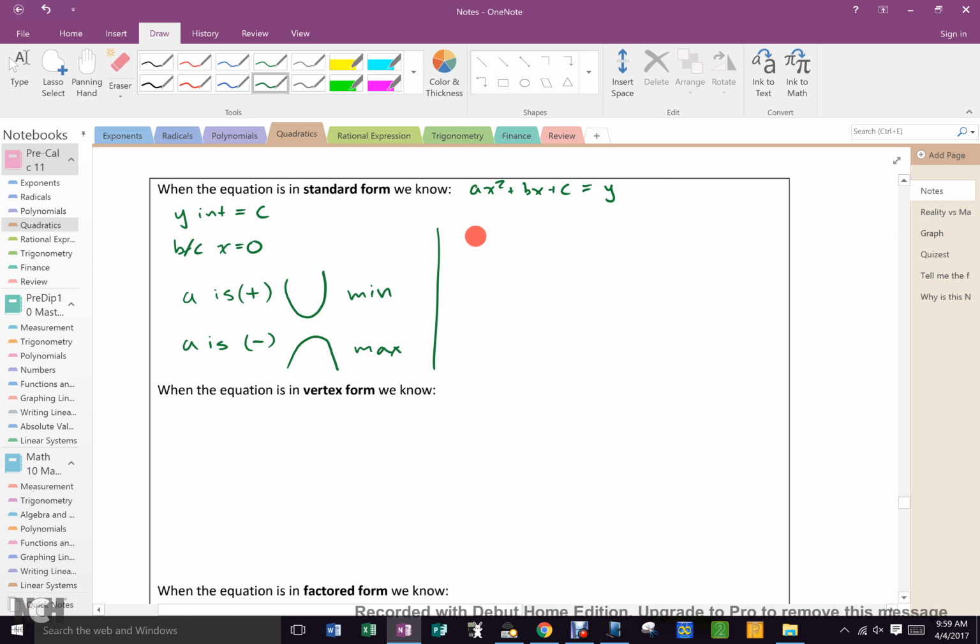You might be able to factor it. You might be able to complete the square. You're always able to use the quadratic formula. And you can get the axis of symmetry.